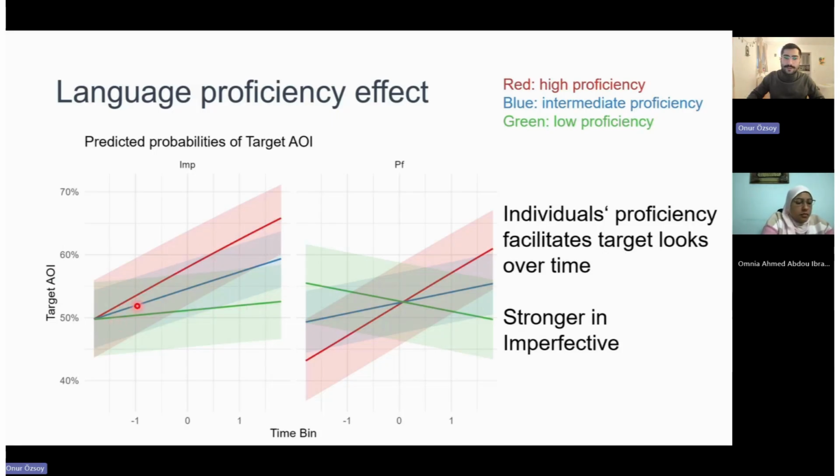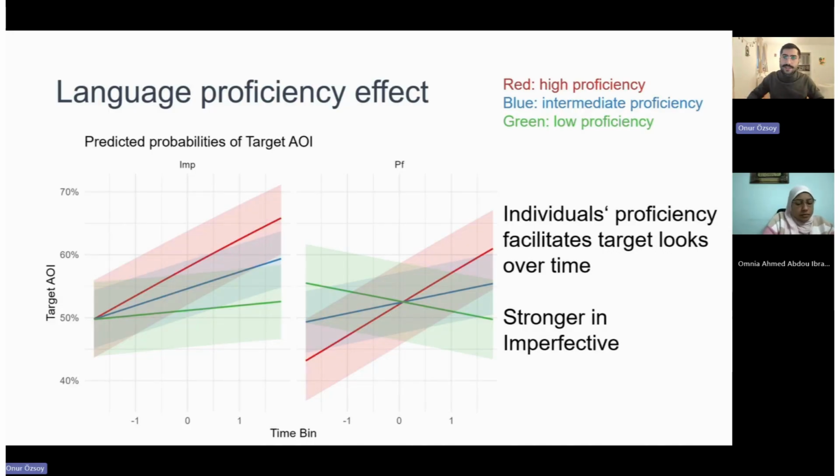That's the green, and the blue is intermediate proficiency. So there's a clear difference in the imperfective. In the perfective, this difference is a bit more mixed, which we can discuss also. But generally, what we see is that individuals' proficiency influences how they process language. So the more proficient they are, the quicker they process.